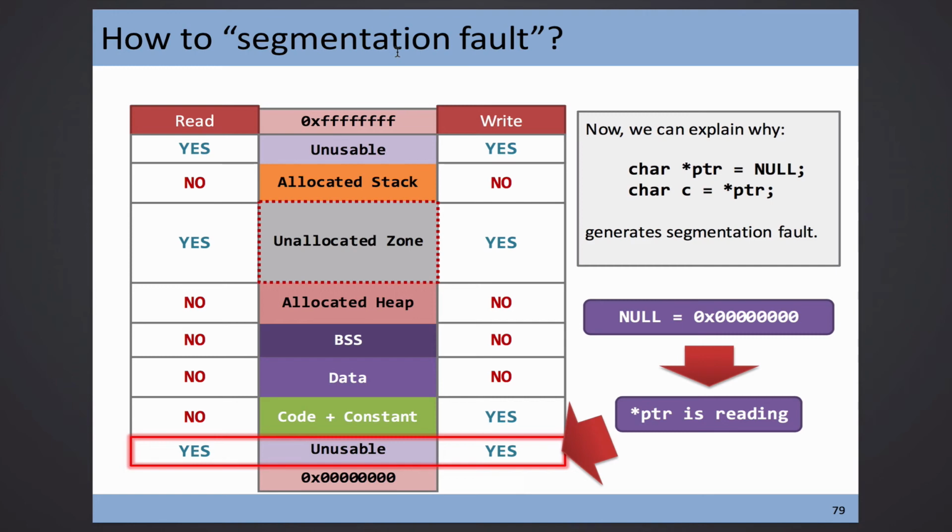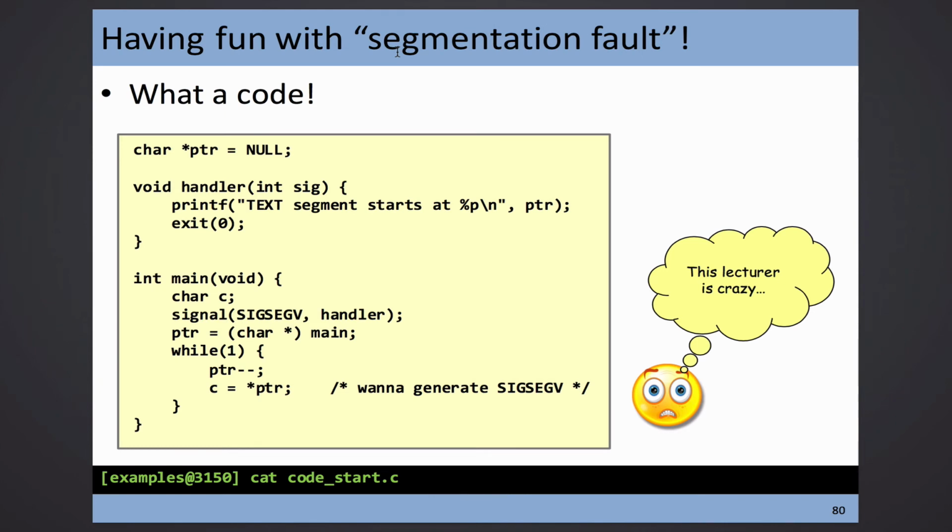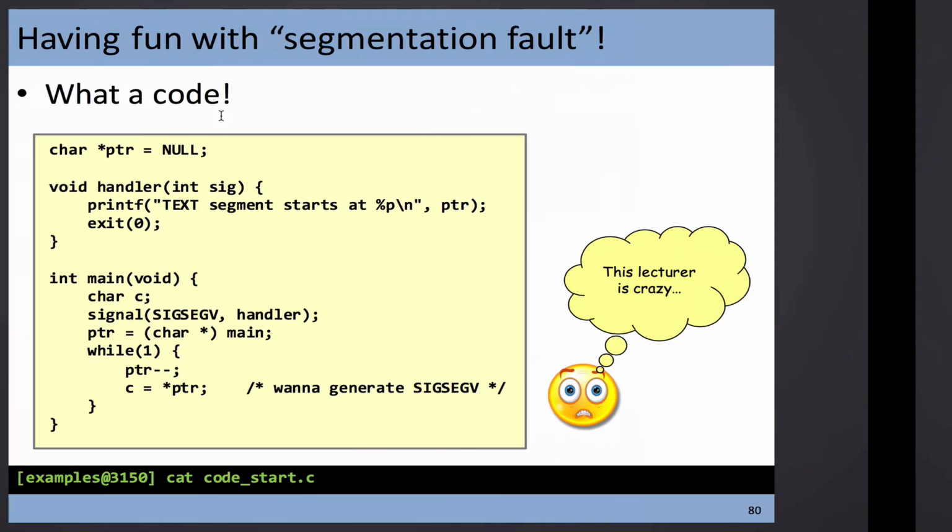When it stops, the signal that's called is segmentation fault, right? Sorry. So then I will jump to the handler. The handler will tell you the boundary location between the unusable area and the code. Let's do it.